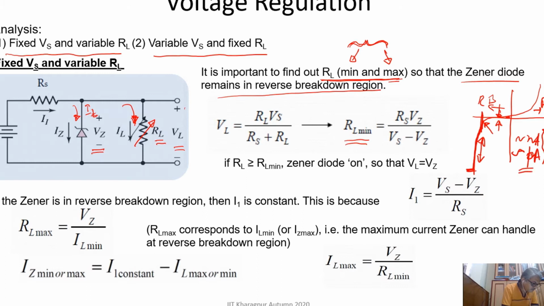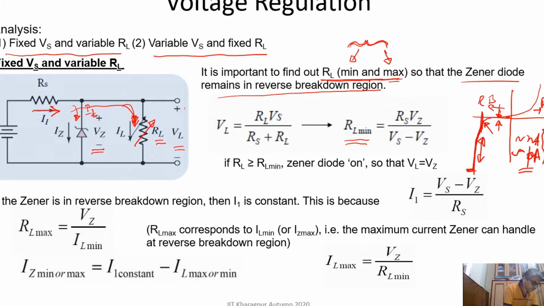So this current is very low, and we can assume that this whole I1, the main current, is going through this RL, and very little current through the Zener. Because we are finding an expression for RL min, the maximum current is flowing through the load, and we are assuming minimum current is flowing through the Zener, on the verge of breakdown, so only the reverse saturation current passes through the Zener.